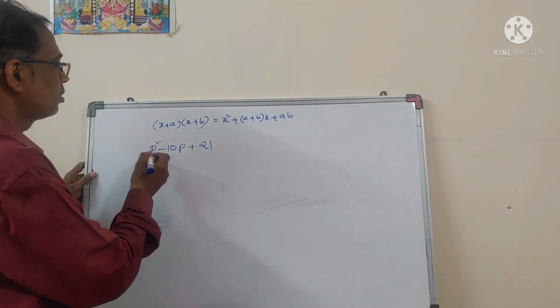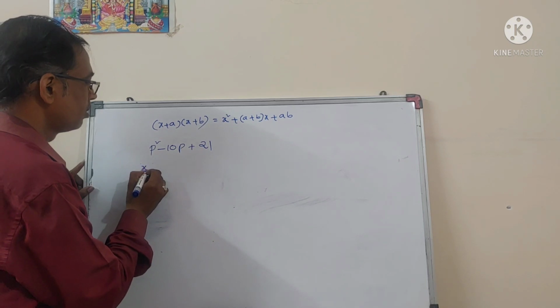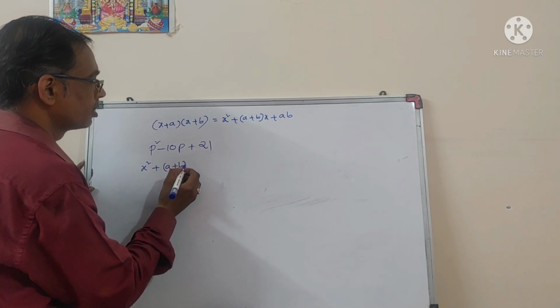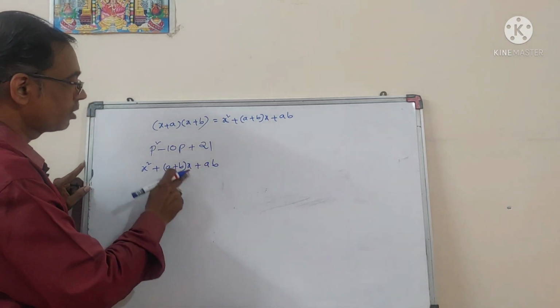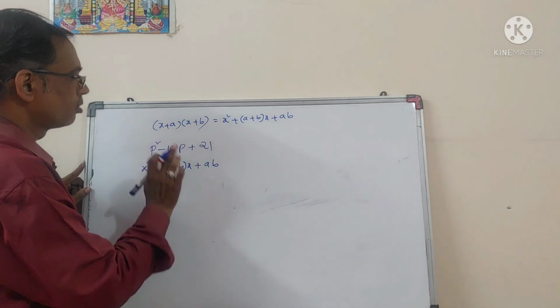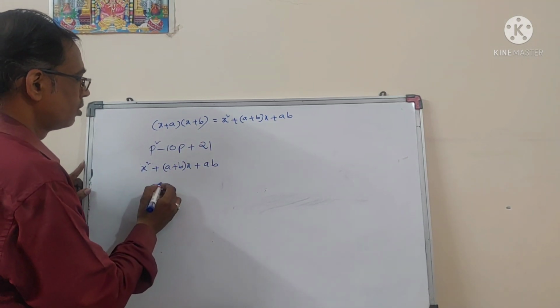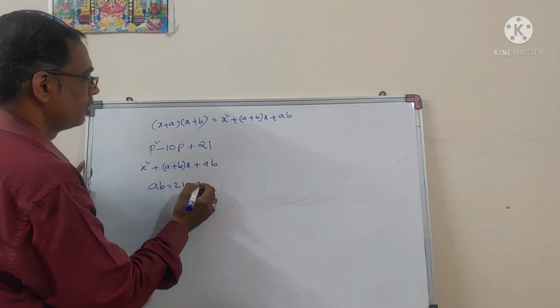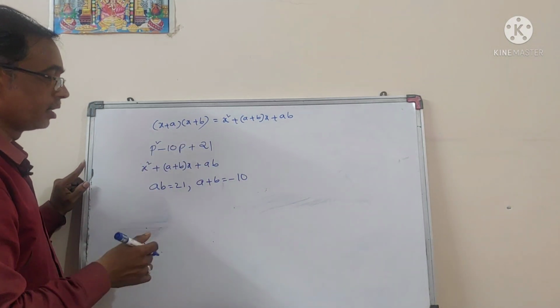Here it is in terms of p, whatever it is, you can again compare with x square plus a plus b into x plus ab. Whereas the earlier expression is in terms of x, this is in terms of p. So no bother about it, simply compare. We need only the constant terms here. ab is equal to 21 and a plus b is equal to minus 10.